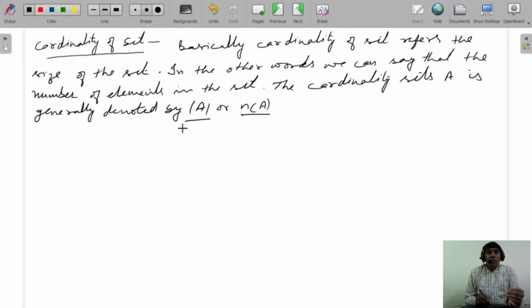Cardinality applies to both finite and infinite sets. First we will discuss the cardinality of a finite set.